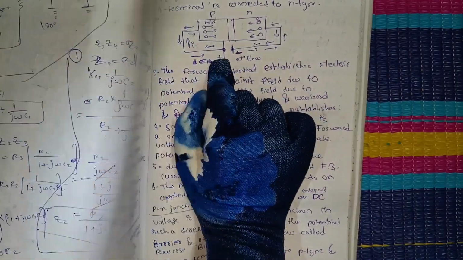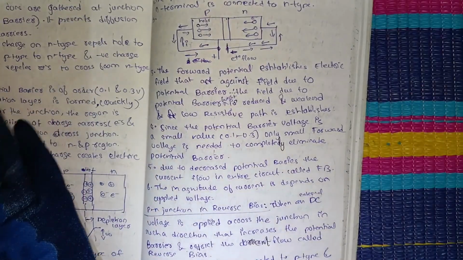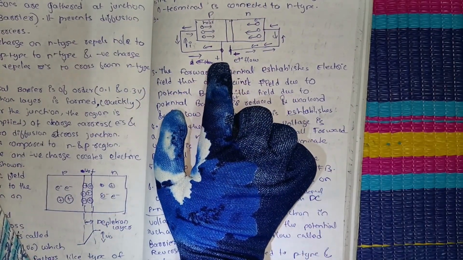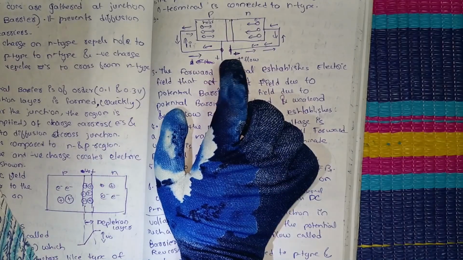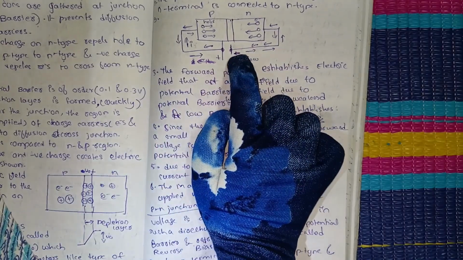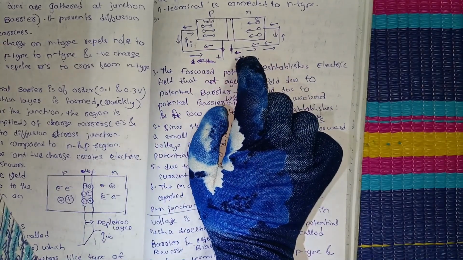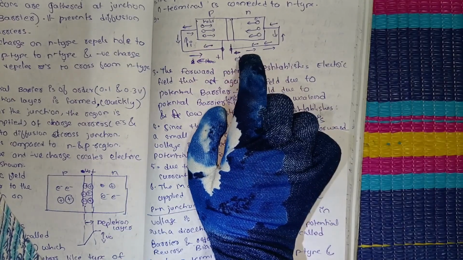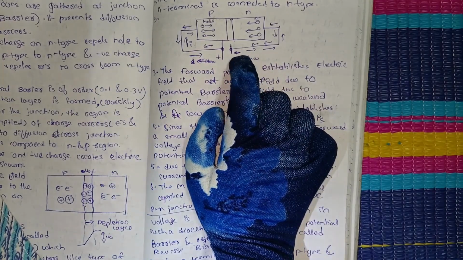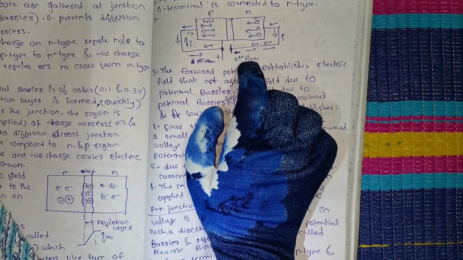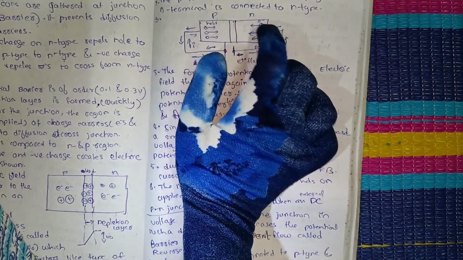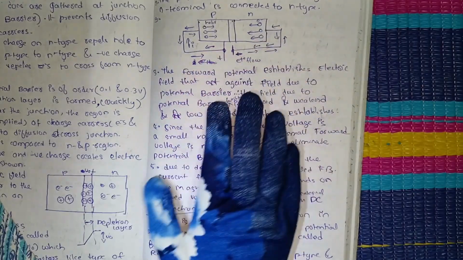Means this is the positive terminal or p-type terminal, and this is the negative terminal or n-type terminal. This is p-type material, this is n-type material.